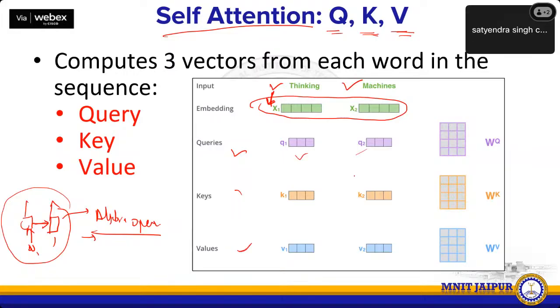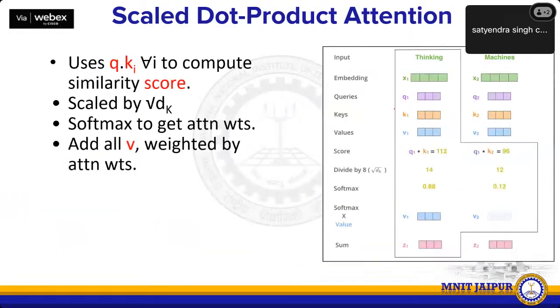How are they calculated? They are calculated using weight matrices, which you can think of as neural network weights, and these weights are learned during training. Similarly, for the embedding corresponding to the token "machines," we have a query, key, and value.